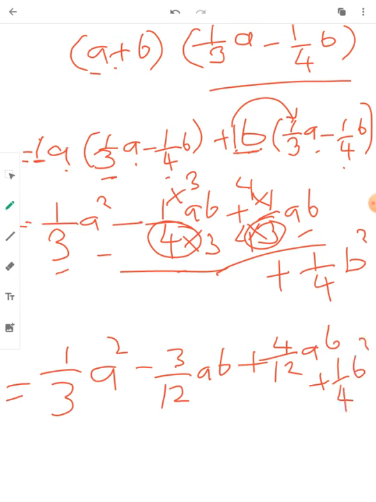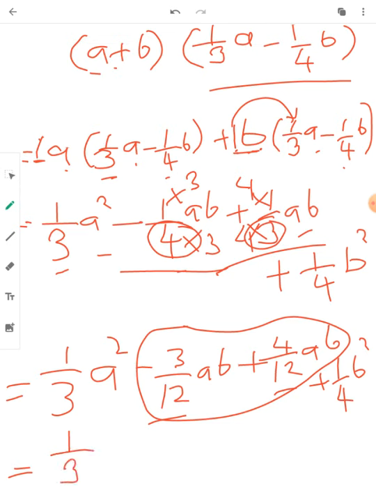So here when you look at these two, the denominators are the same, so you can straight away add these two fractions. And 1/3 a squared, minus and plus, so it's plus 1/12 ab plus 1/4 b squared.